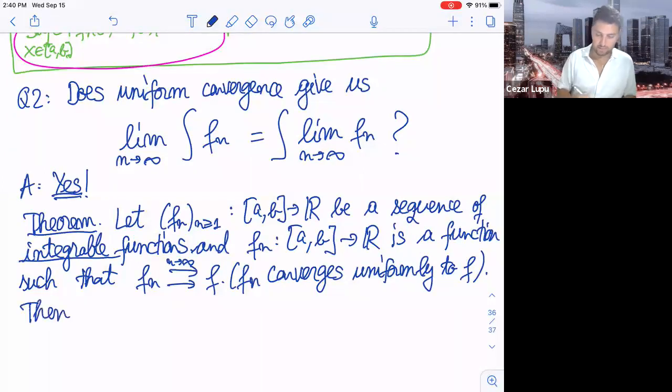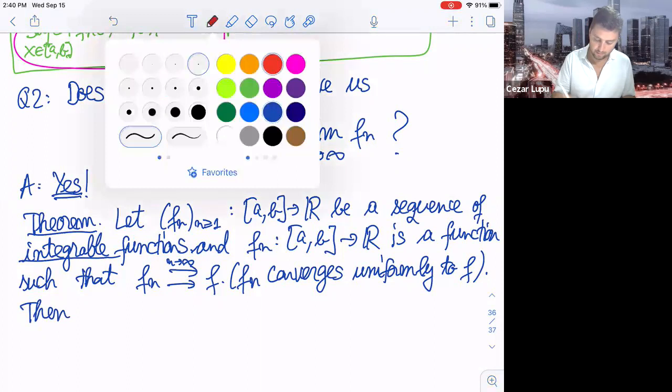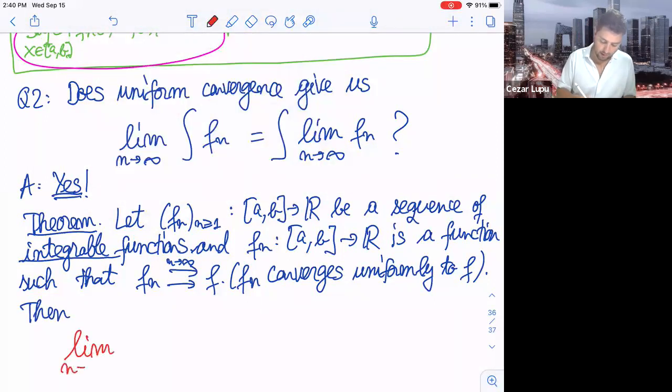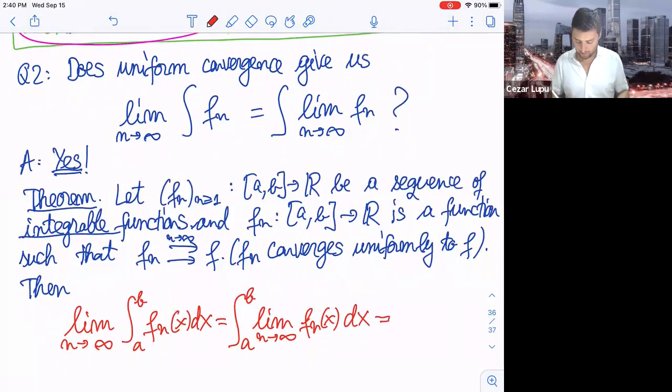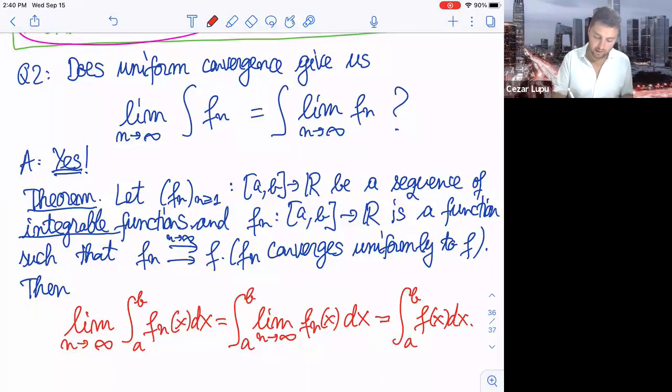Then, guess what? We have the following: the limit as n approaches infinity of the integral from a to b of Fn(x) dx is nothing else than the integral of the limit of Fn(x) dx, and since this converges uniformly, this will be nothing else than the integral from a to b of f(x) dx. In fact, I should say that then f is integrable.